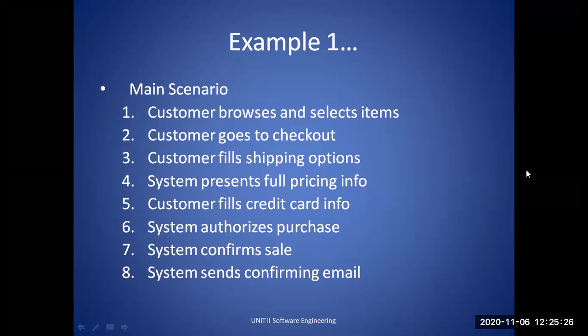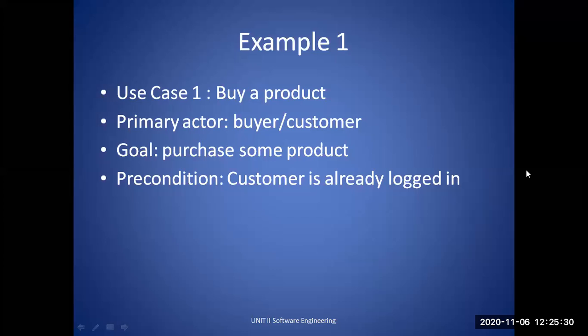Let us see what the main scenarios are that can be encountered with this use case. The use case is buying a product. The primary actor is a buyer or customer. The goal of the use case is to purchase some product, and the precondition, that is the pre-requirement, is that the customer should already be logged in. It means that it is an online purchase of the product use case.